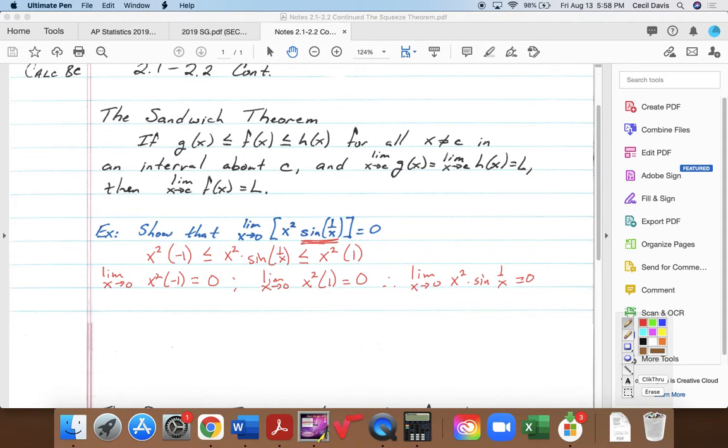This illustrates a point that is going to come up throughout the year. When we're applying a theorem, frequently we don't bother to say the name of the theorem. What we do, though, is show that we have fulfilled the hypotheses, in this case, that g of x is less than or equal to f of x is less than or equal to h of x for all x in some interval, and I just said it was true always.